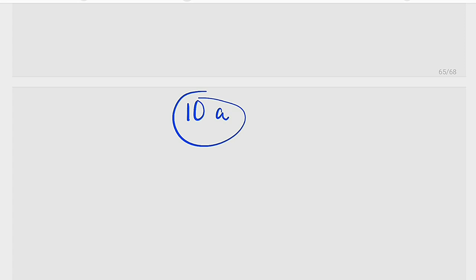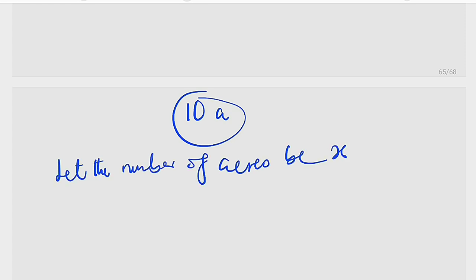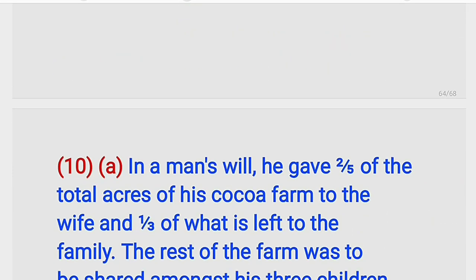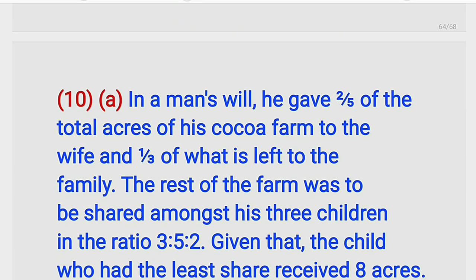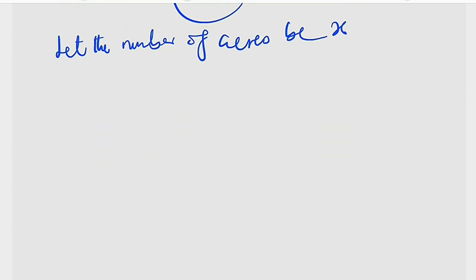I would like to declare the number of acres with x. So let the number of acres be x. Remember that the wife received the first share of 2/5 of the total. So the wife received 2/5 of the total, which is x. And remember that of is multiplication.